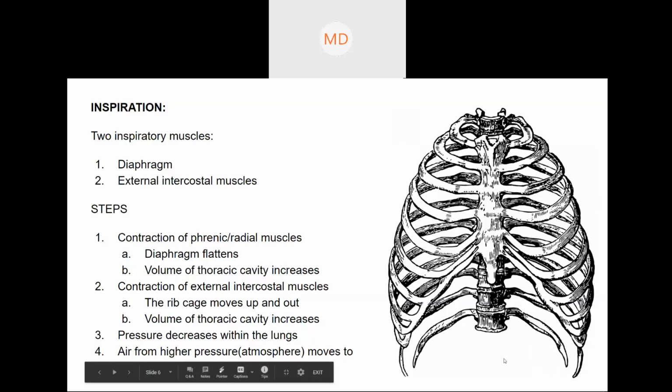When this was dome shaped earlier like this, it becomes straight. And if it becomes straight, what will happen? The volume inside the thoracic cavity will increase. Volume means the space. The space of the thoracic cavity will increase.